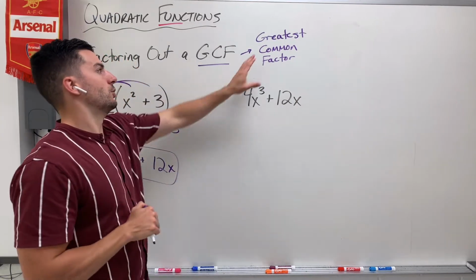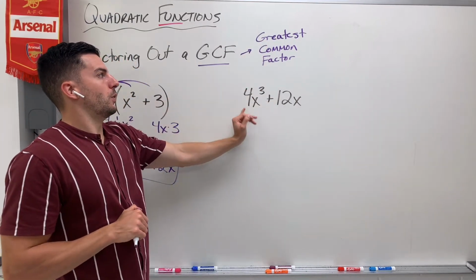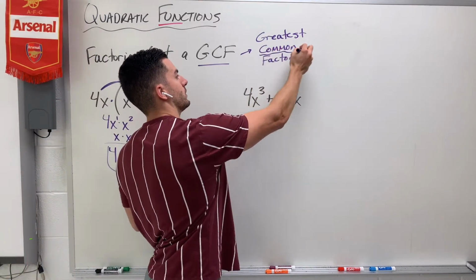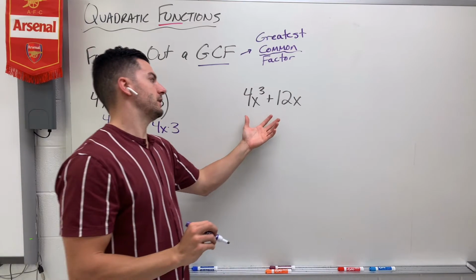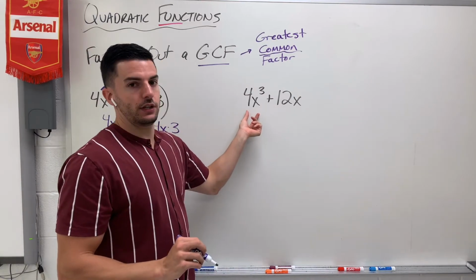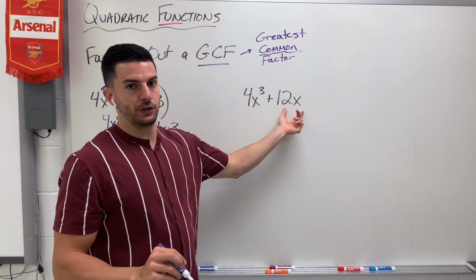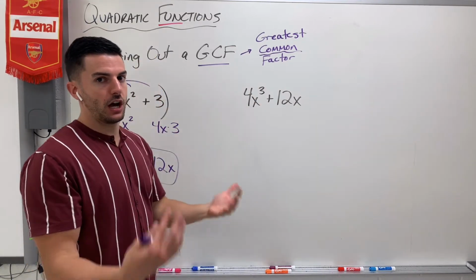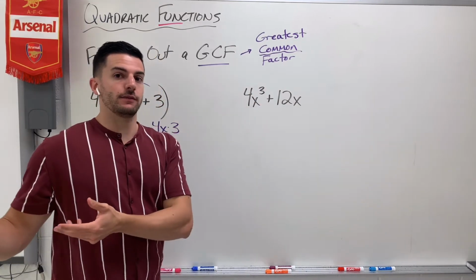When we look for the greatest common factor, the keyword there is common. So what we want to determine is, out of these two terms in this group, what do they have in common that would divide evenly out of them?